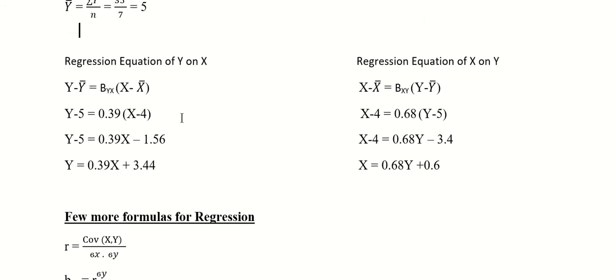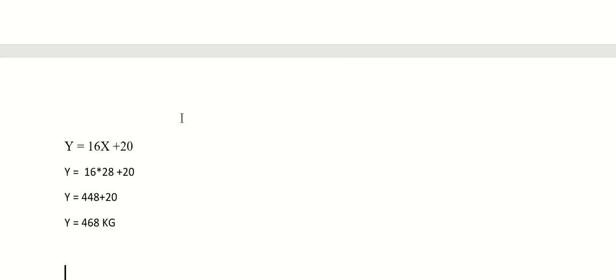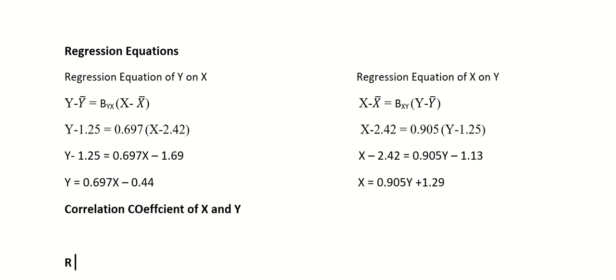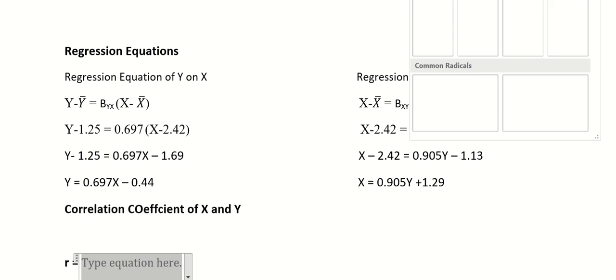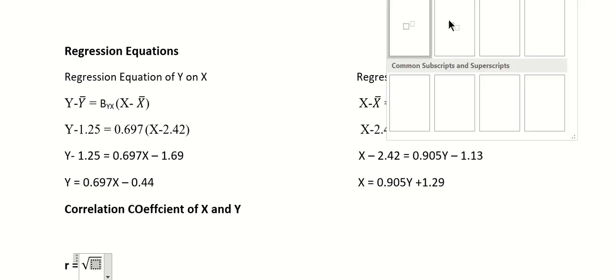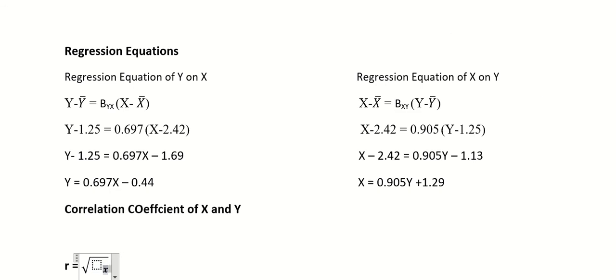So there is another formula. Okay, so I'll just write the other formula. R equals to under root beta x on y into beta y on x, right?